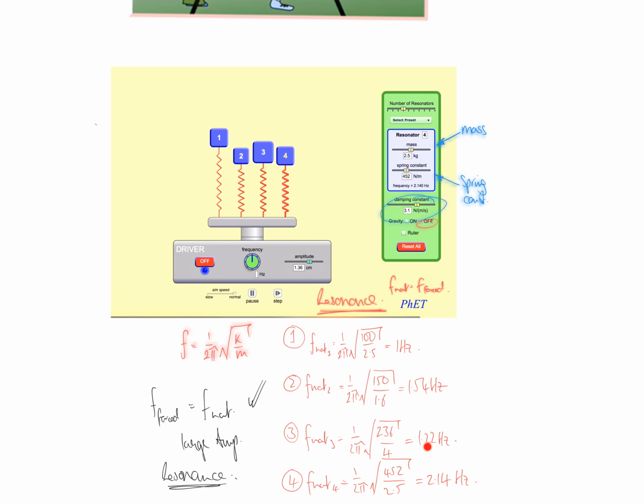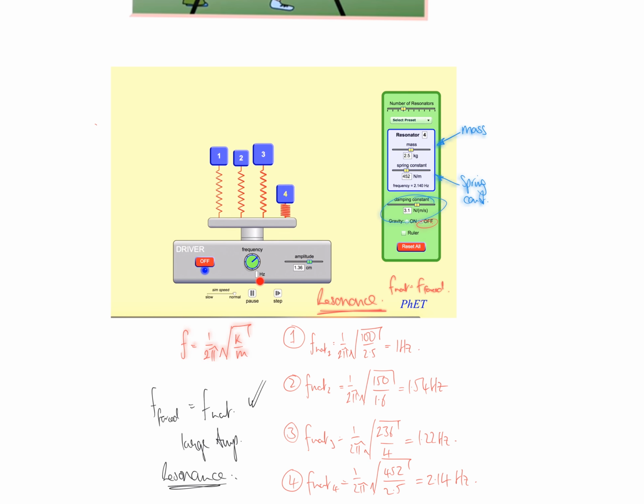I'm going to take that to 1.22, and hopefully the third one starts to hit a resonance, which it does. Then I'll take it to 1.54, and we notice now the second one hits resonance. All of them have got a little bit of amplitude moving around, but the resonant amplitude is the very large one. And then finally I take it to 2.14, and the others have a small amplitude, but the fourth one is resonating.